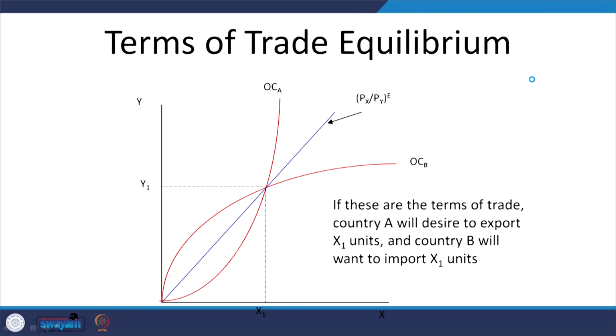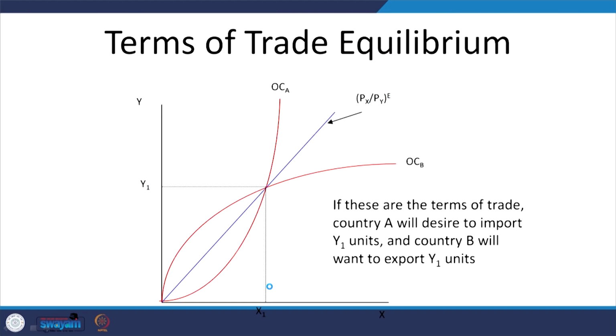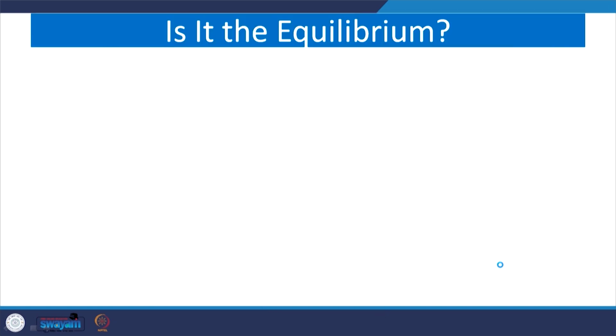Whatever one country demands for import, the other will be ready to export, and vice versa. Likewise, country A will desire to import y1 and country B will be happy to export y1. Therefore, there will be no mismatch, and this stands as an equilibrium price.